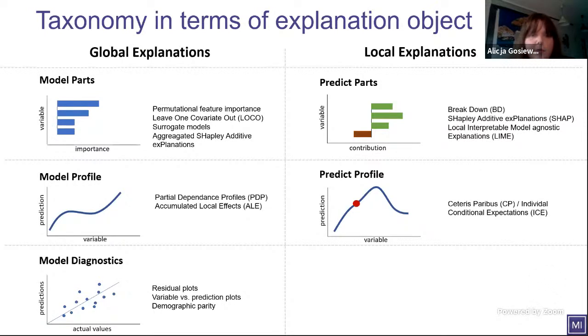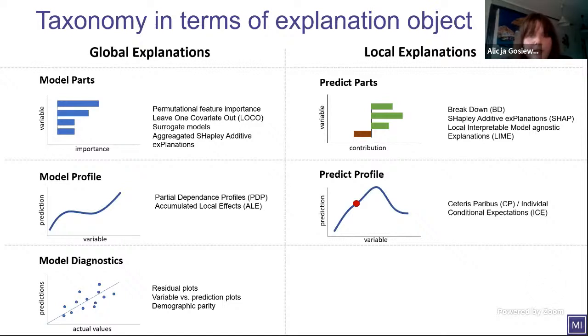So the type of explanations here are predict profiles. Sometimes they are called sensitivity analysis, and it is similar to the model profile, but these profiles are not aggregated over the whole data set like in a model profile, but we rather profile the prediction from the perspective of a single observation. Yeah, so here examples are ceteris paribus profiles, or also known as individual conditional expectations.